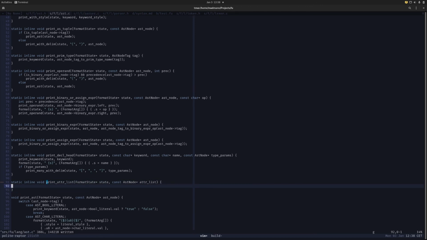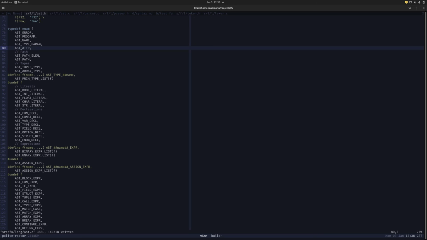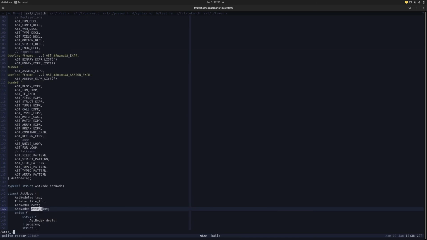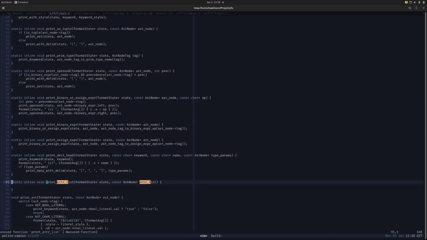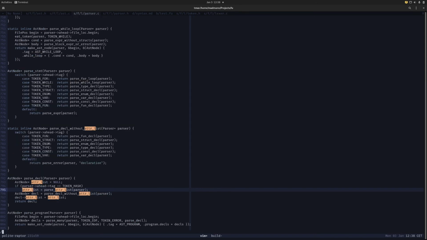For consistency, there's this adders with an S and this attribute list. I'm just going to call that adders. It's shorter, and attribute list doesn't tell me much more than adders actually.